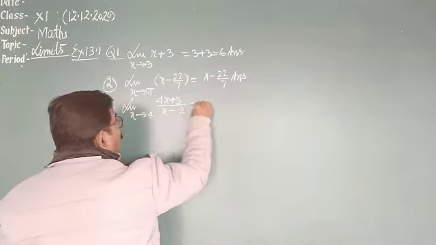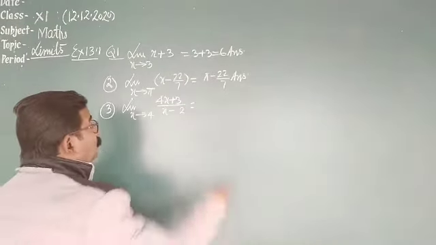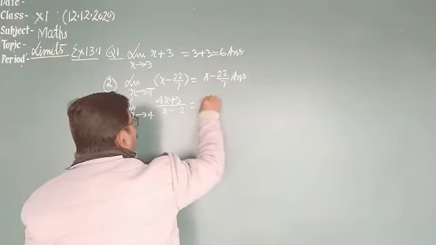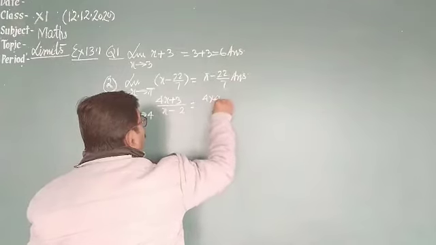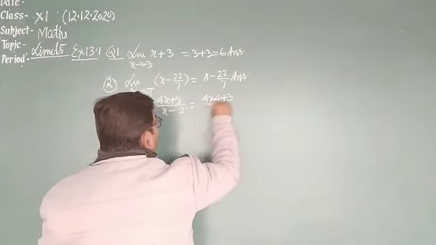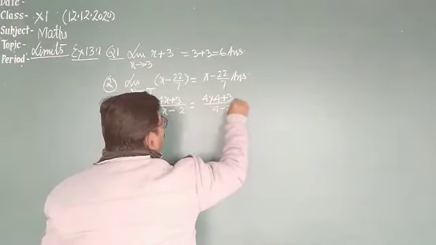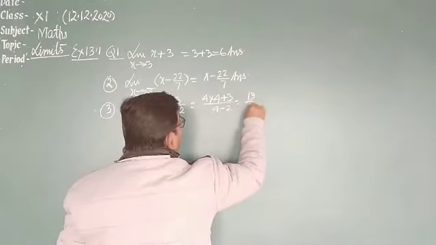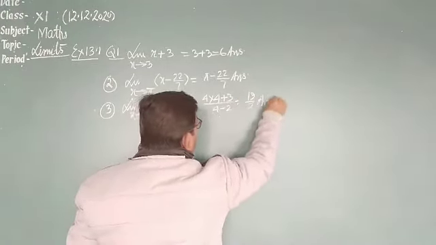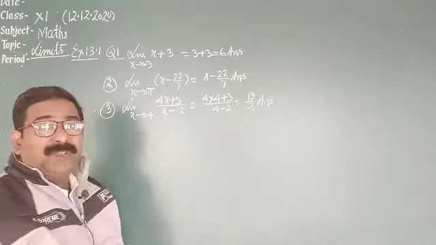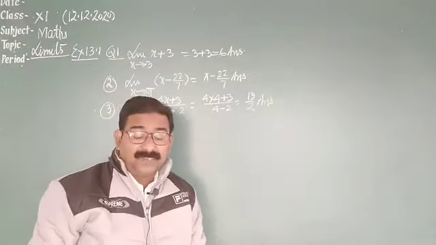So what to do? Simply we have to put the value 4 into it: (4 plus 3) upon (4 minus 2). This is 19 upon 2 is the answer. So in these questions simply we have to put the value of x and we can get the answer.